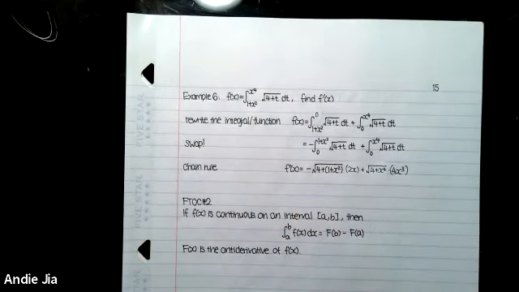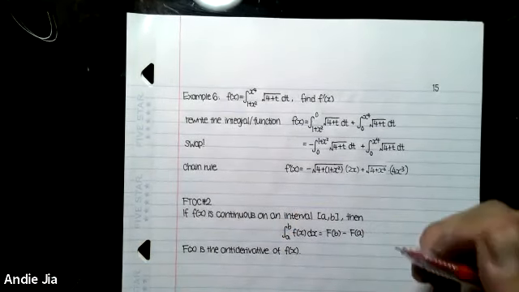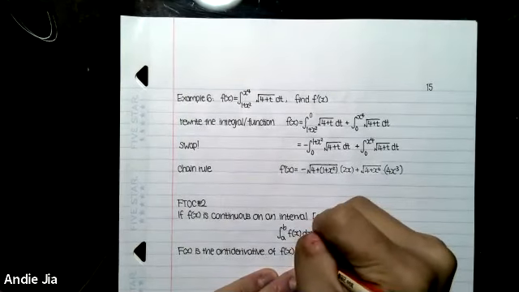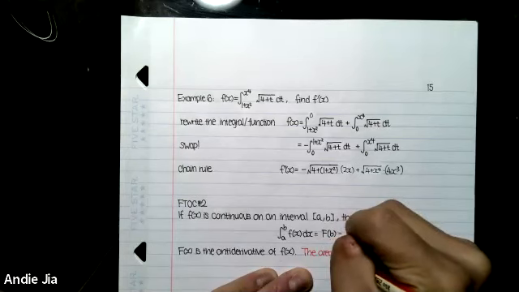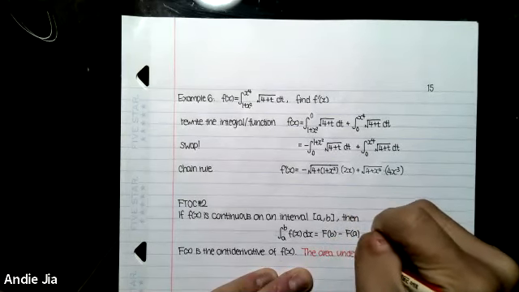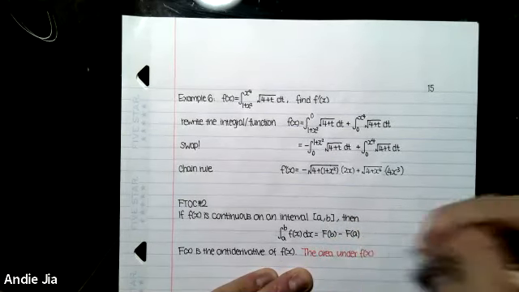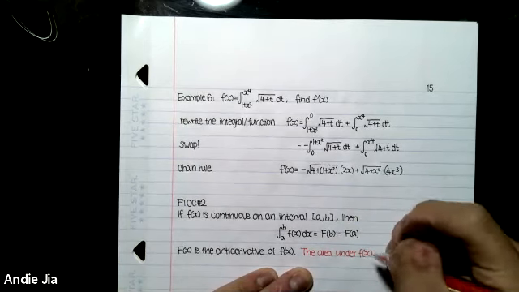This is also expressed as big F of x evaluated from x equal to a to x equal to b.